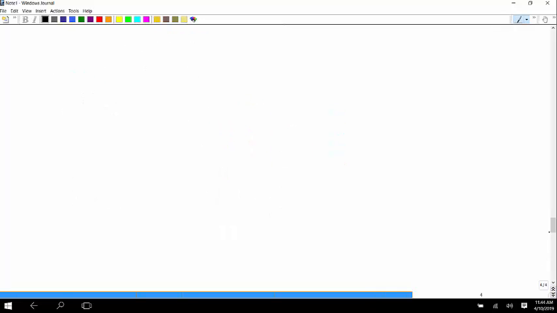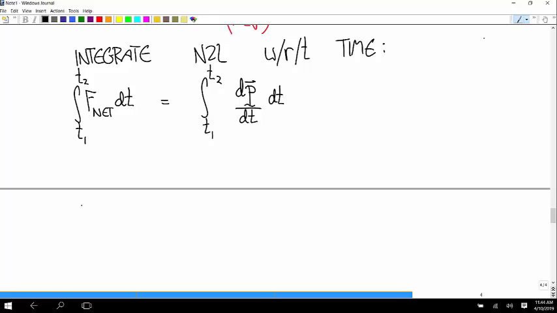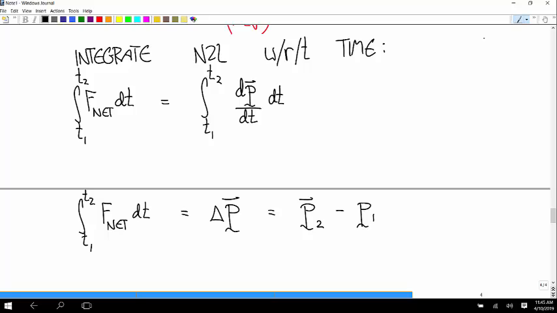Then you can rewrite that as the integral from t1 to t2 of F net dt is equal to the change in the momentum over that time interval, the momentum at time 2 minus the momentum at time 1.